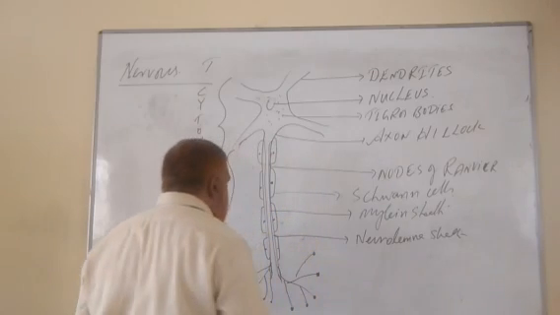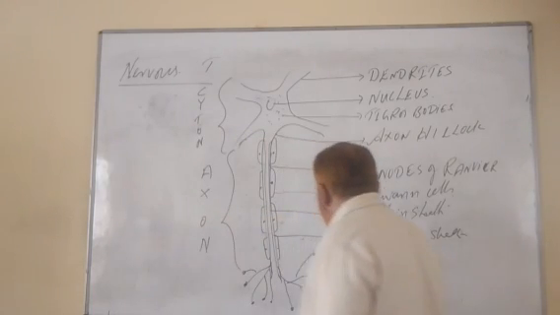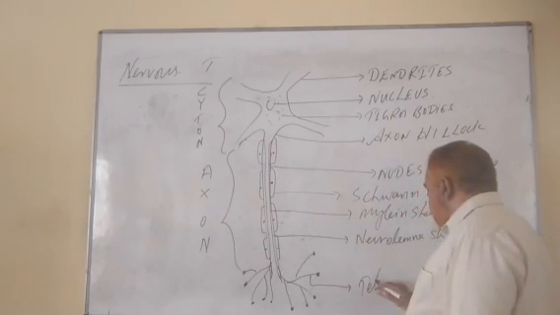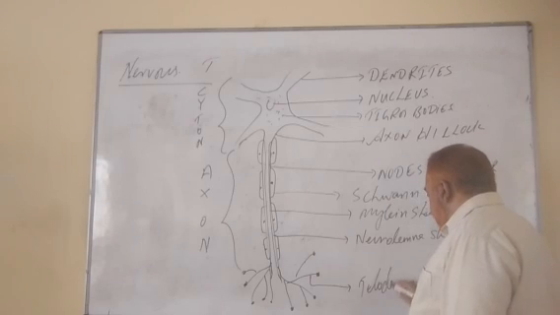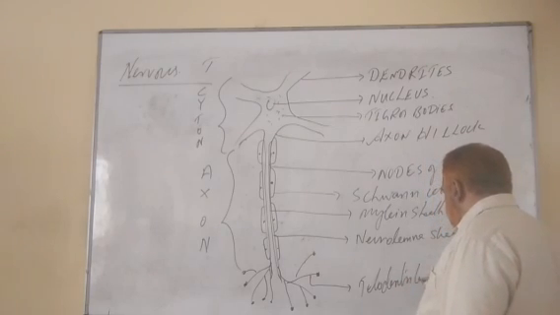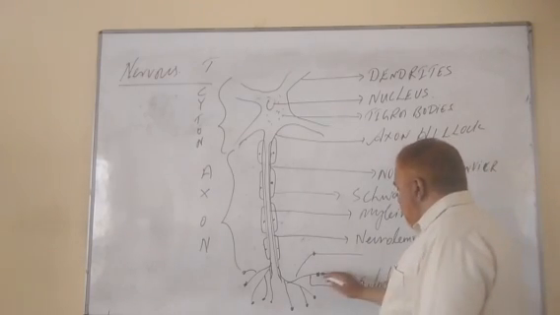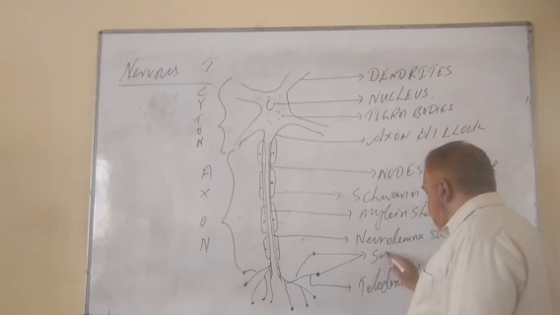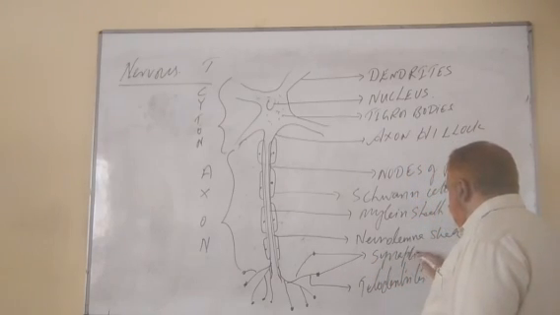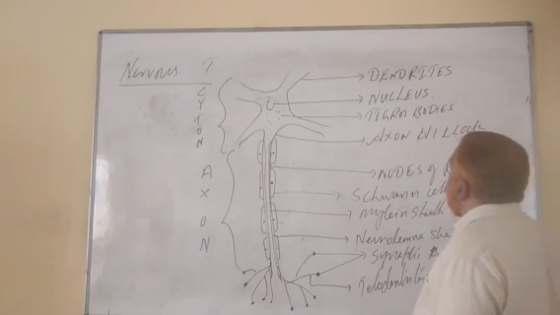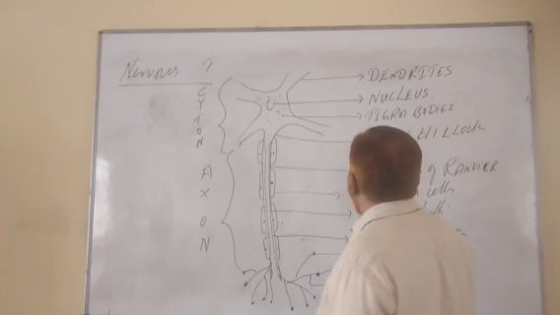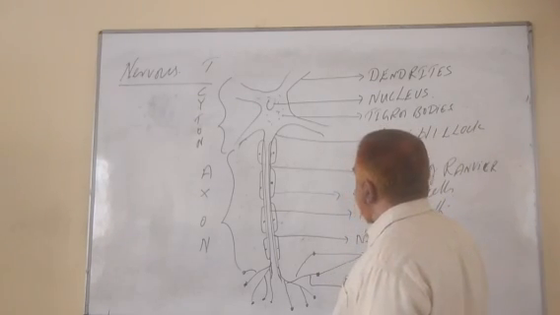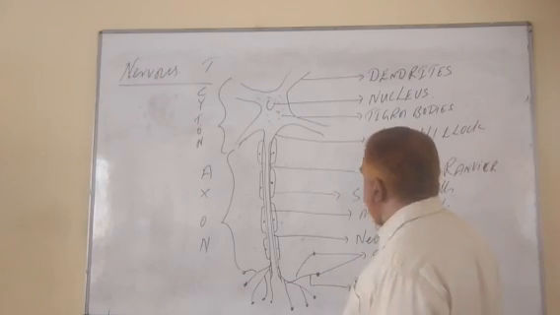Clear? Then telodendrites. Last part, dendrites. These knobs are known as synaptic knobs. Right? Dendrites. Clear? Tigroid bodies, cyton, nucleus, cells. Right? Clear? Okay.